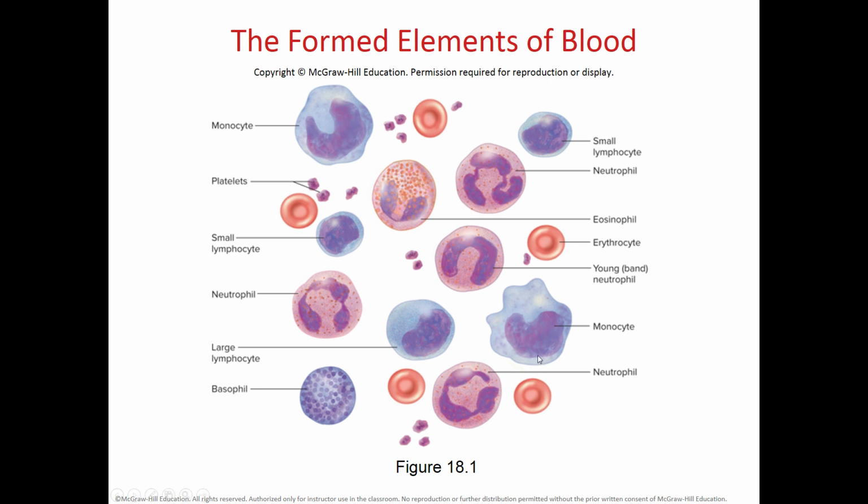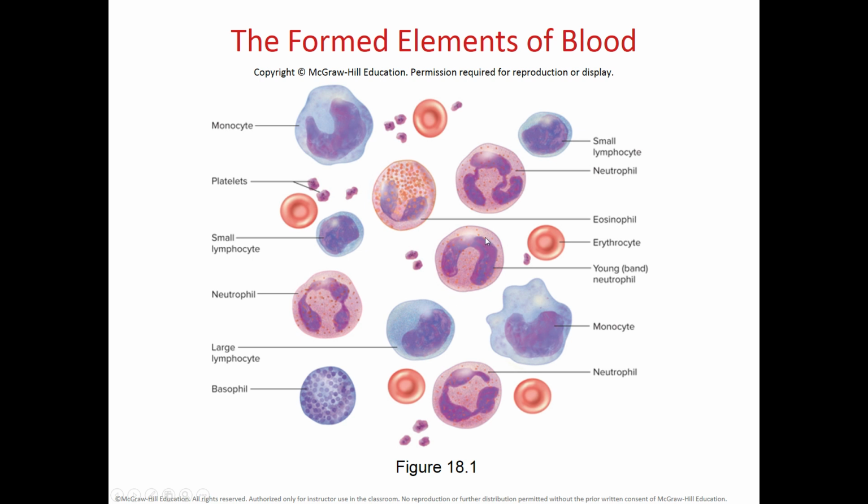Here we have the erythrocytes, the red blood cells. We have the platelets, the fragments that prevent us from bleeding. And then we have the white blood cells, which will be the granulocytes and the agranulocytes.